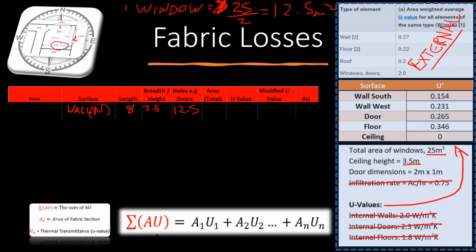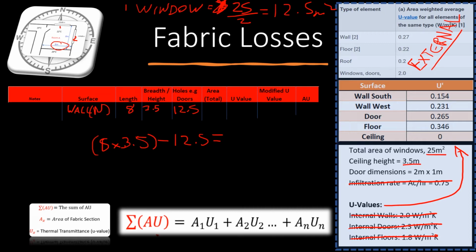So my total area, the way I'm going to calculate that is length times height, 8 times 3.5, and then I'm going to deduct 12.5 because 12.5 of that area is actually a window. It's important to use your brackets here because for other questions your calculator might multiply when you want it to add first, for example the last heat loss question.